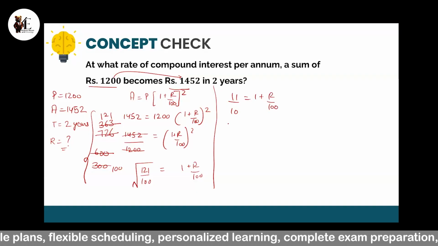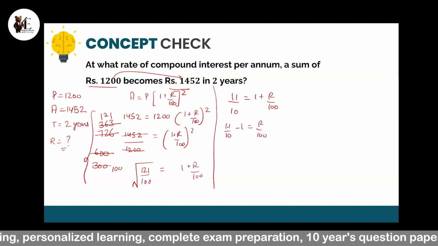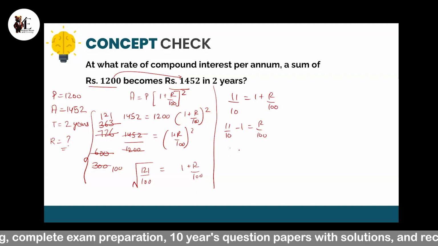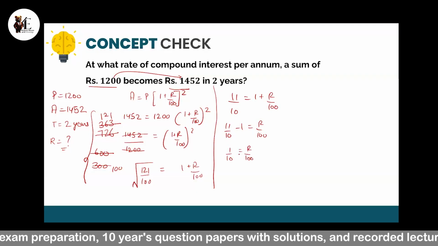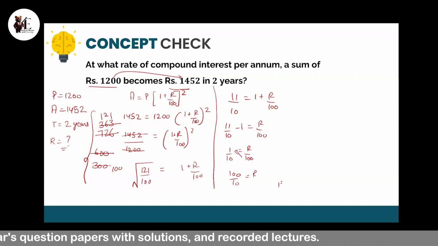Transposing this positive 1 to the other side, 11 over 10 minus 1 is equal to R over 100. If I solve this, I get 1 over 10 equals R over 100. Cross multiplication, 100 over 10 is equal to R. That will be 10%.